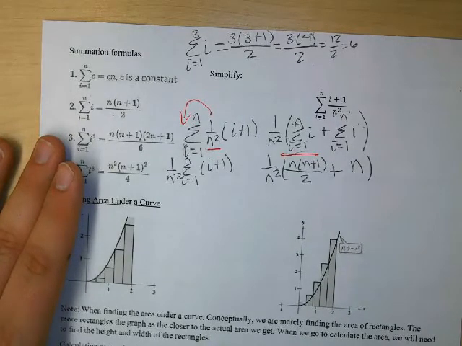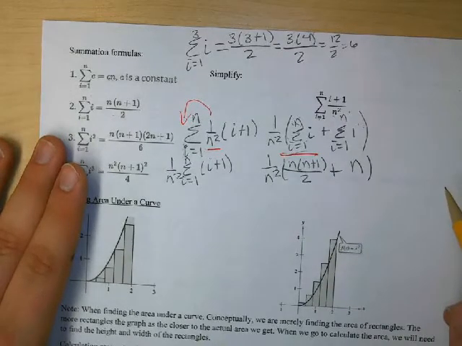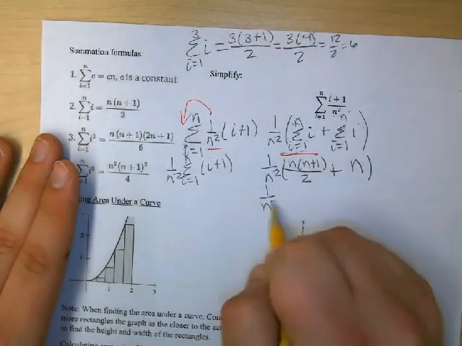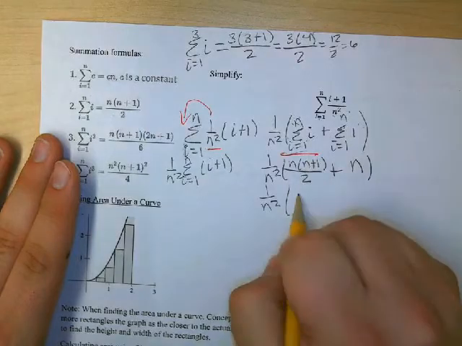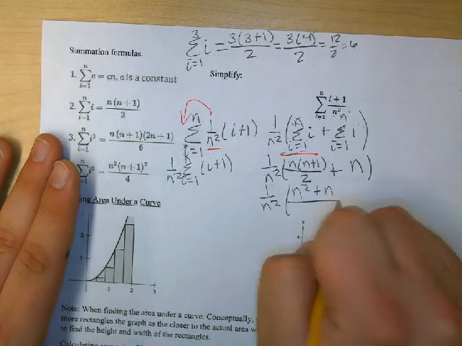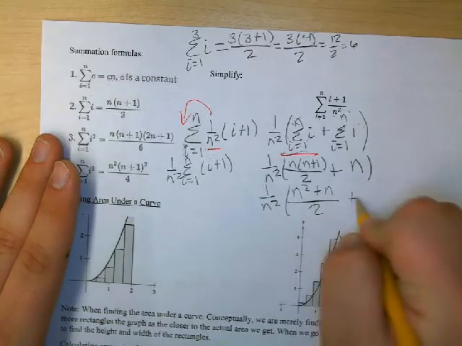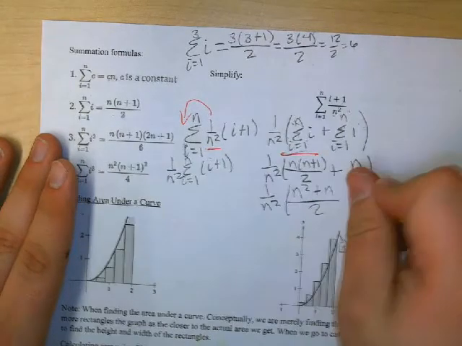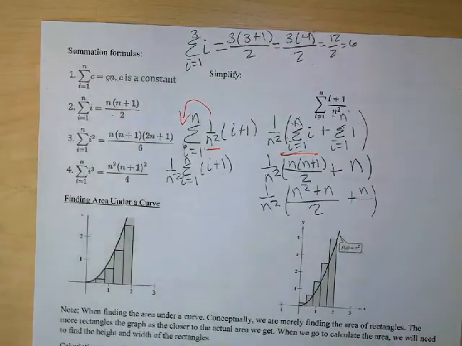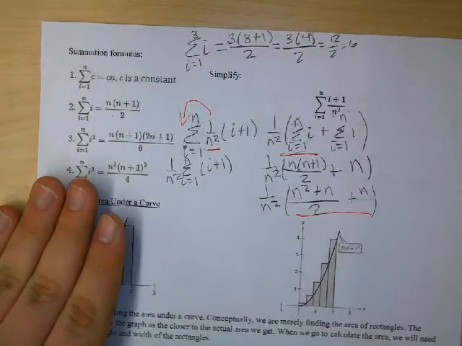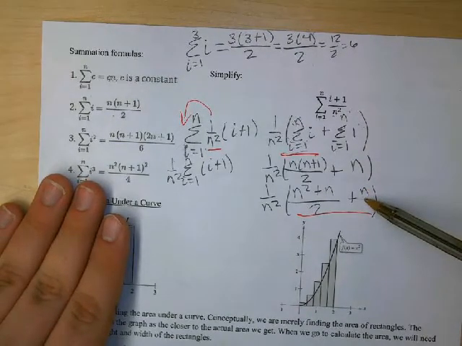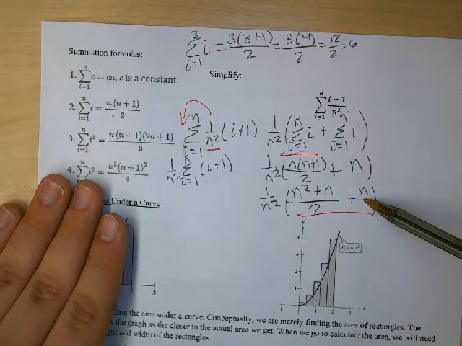Now I want to distribute. So this is just going to be 1 over n squared of n squared plus n over 2 plus n. Now I want to combine these together. What do I need to multiply by the numerator and the denominator of n to do that? 2, right?